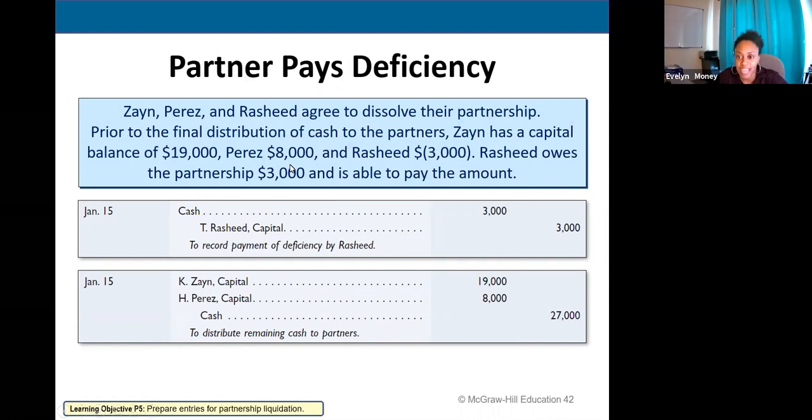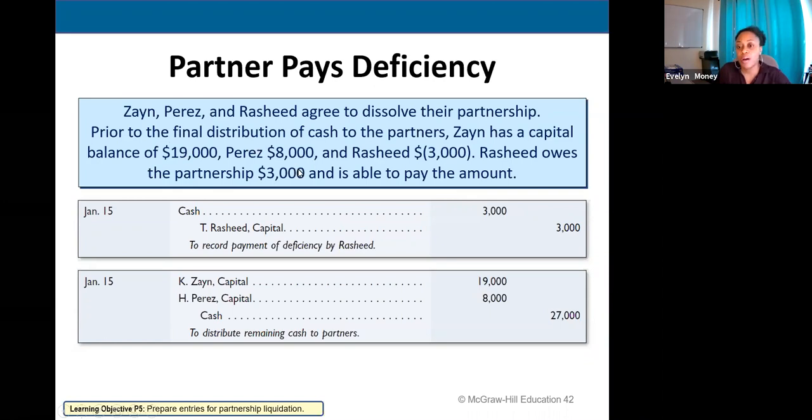So Zane has 19, Perez has 8, and Rashid already has -3. Because Rashid has a -3, Rashid has to give the partnership $3,000 in order to bring his capital balance up to 0. In doing so, it ensures that Zane and Perez will receive what their capital balances are.